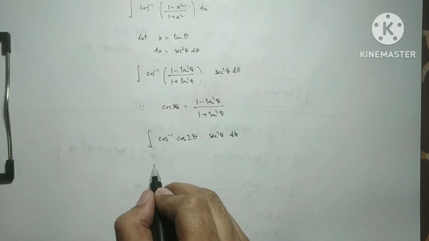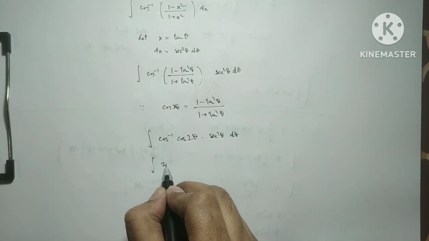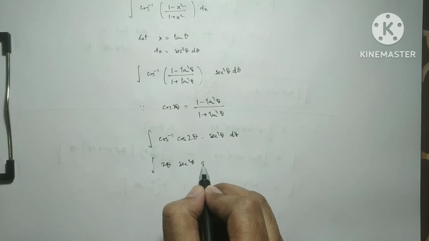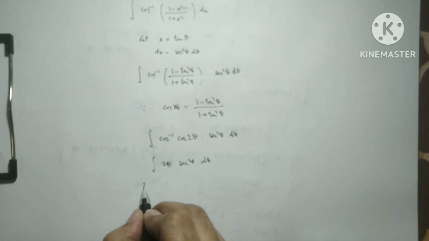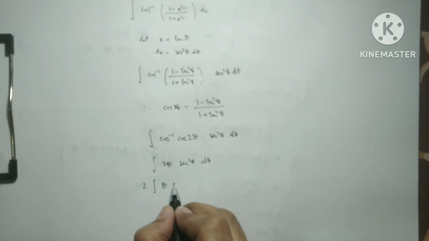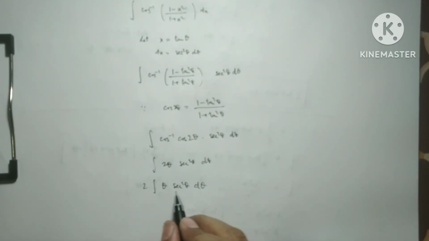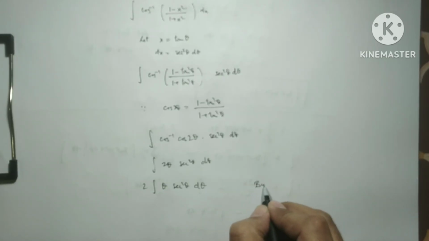So these will be neutralized and we get 2 theta sec square theta. Right now we have theta and sec square theta. Now we have two functions in terms of theta in product. So we will use the multiplication method, means we apply by parts.